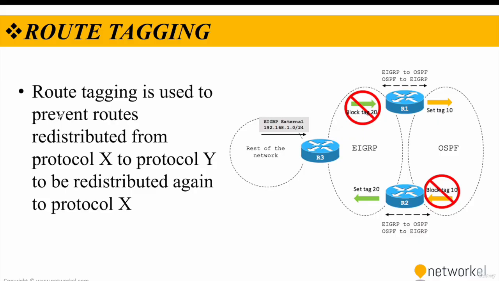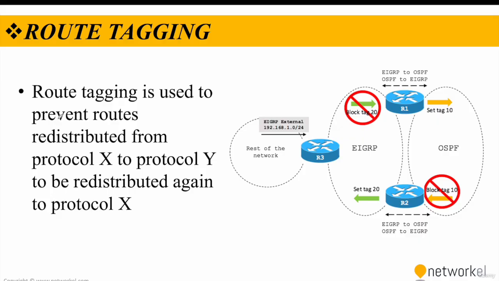The first purpose is policy control. Tags help in applying routing policies, such as controlling which routes are preferred or advertised. The other purpose is route filtering, where tags can be used to filter routes when redistributing or exchanging routing information.